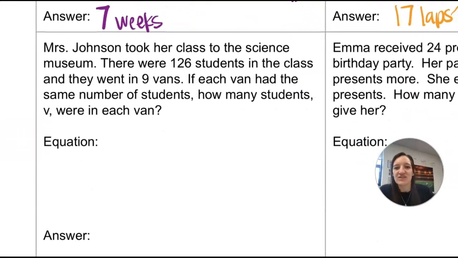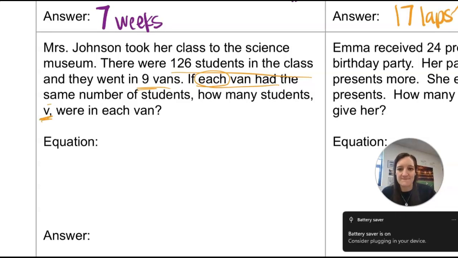Mrs. Johnson took her class to the Science Museum. There were 126 students in the class, and they went in 9 vans. If each van had the same number of students, how many students V were in each van? So there are 126 total students, and there were 9 vans, and each van had the same number of students.